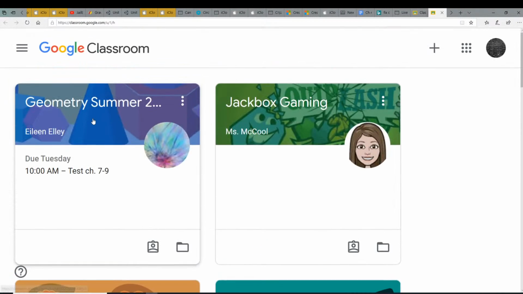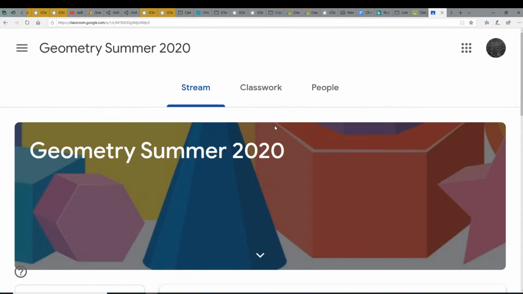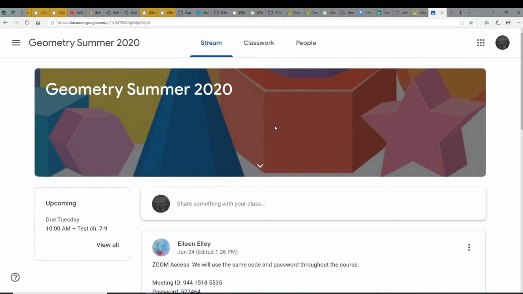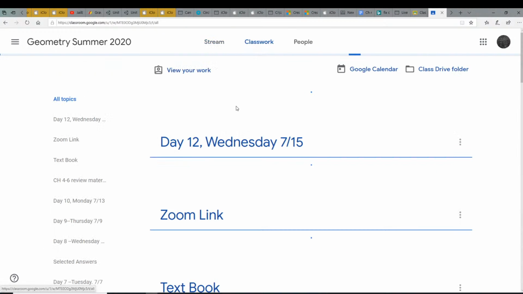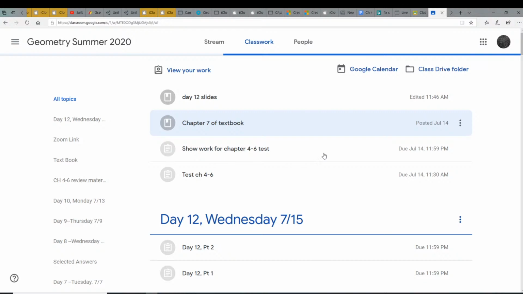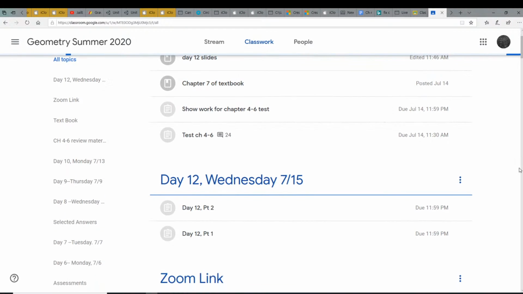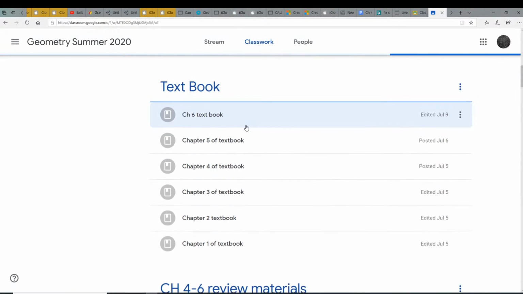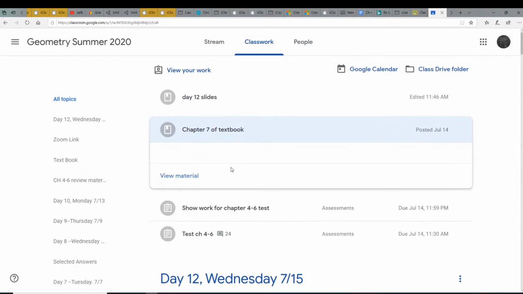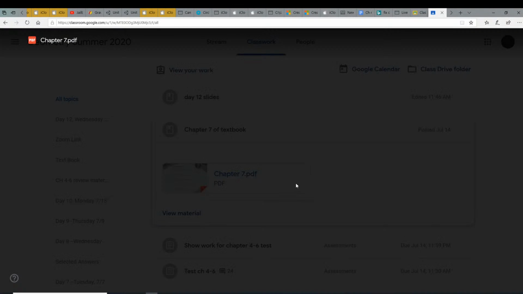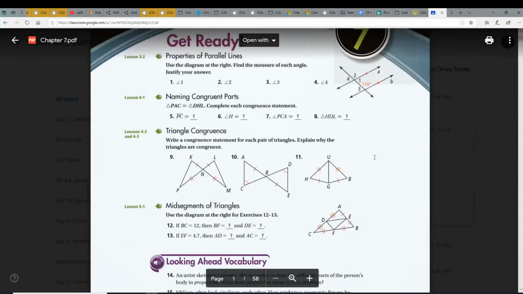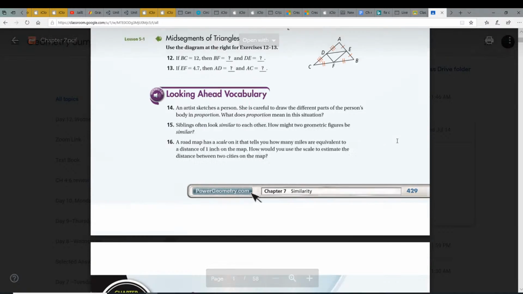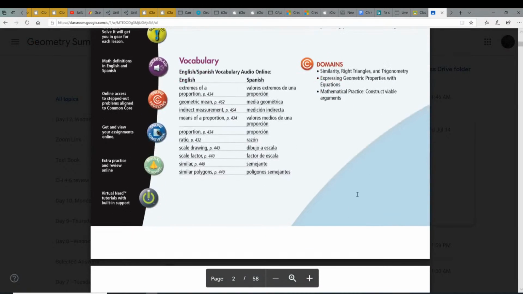Okay guys, so we're gonna go over to chapter 7 and do the homework from chapter 7. I'm just gonna open up the Chapter 7 textbook. We have the textbook right here.